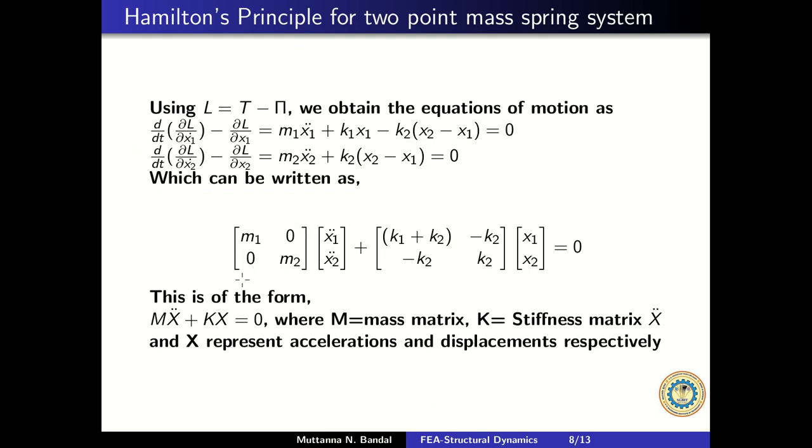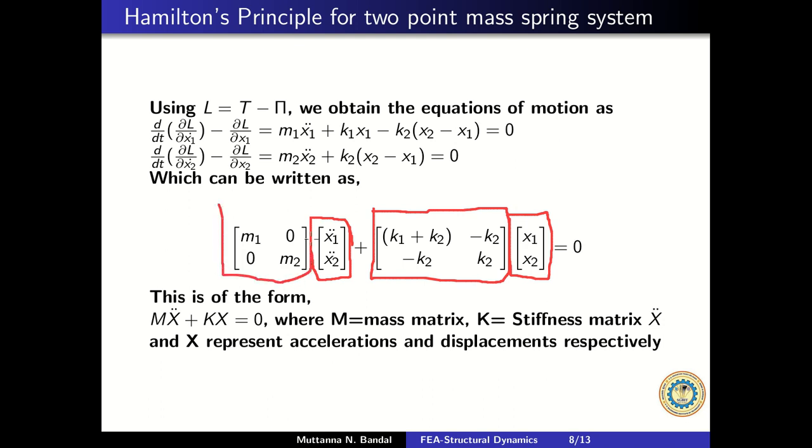Now rewriting all these equations, this is nothing but the acceleration, this is nothing but the displacement components, and these are the properties of the structure: that is the stiffness property of the structure, and this gives the mass property of the structure.